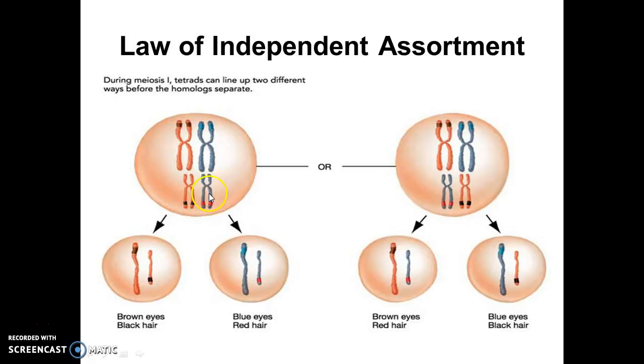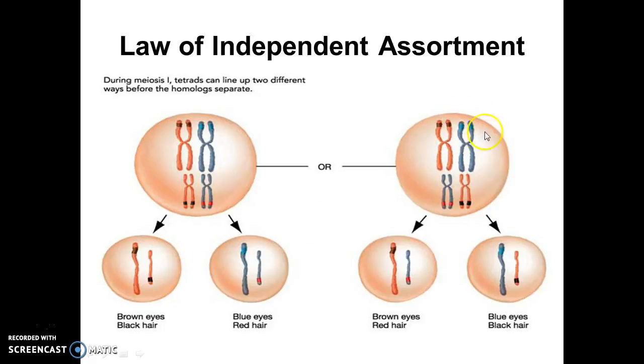Now, here's the thing. Once these two divisions take place, if they line up like this, you end up with a sex cell that can have this combination: blue eyes, red hair, brown eyes, and black hair.